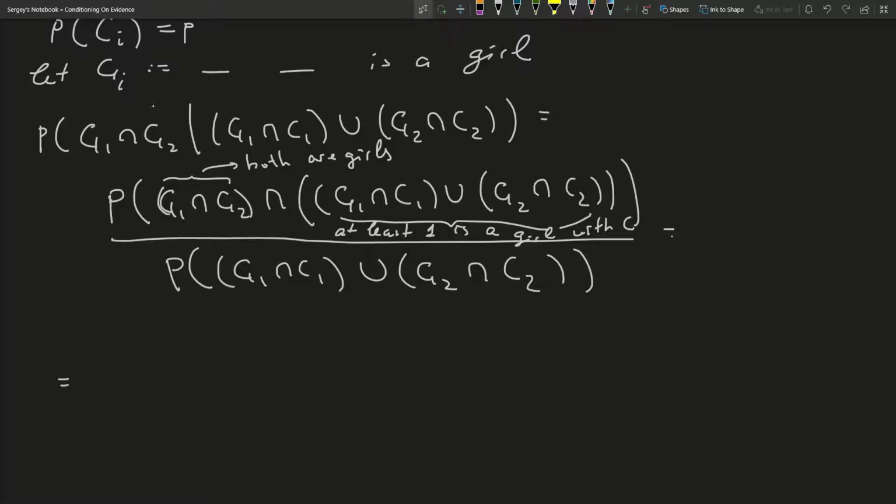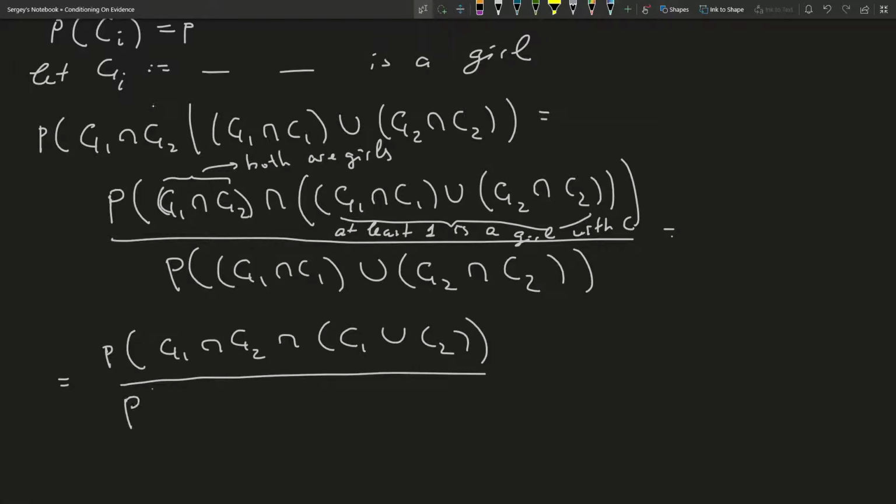So we can rephrase this by saying both are girls and at least one has characteristic C. So we could rewrite this as the probability that both kids are girls and at least one has characteristic C. And we can rewrite the denominator, G1 intersect C1, union G2 intersect C2.